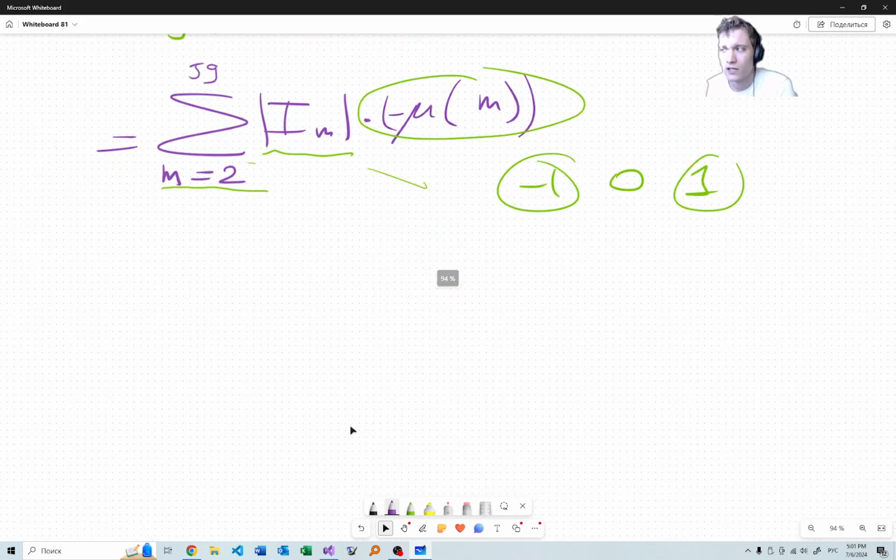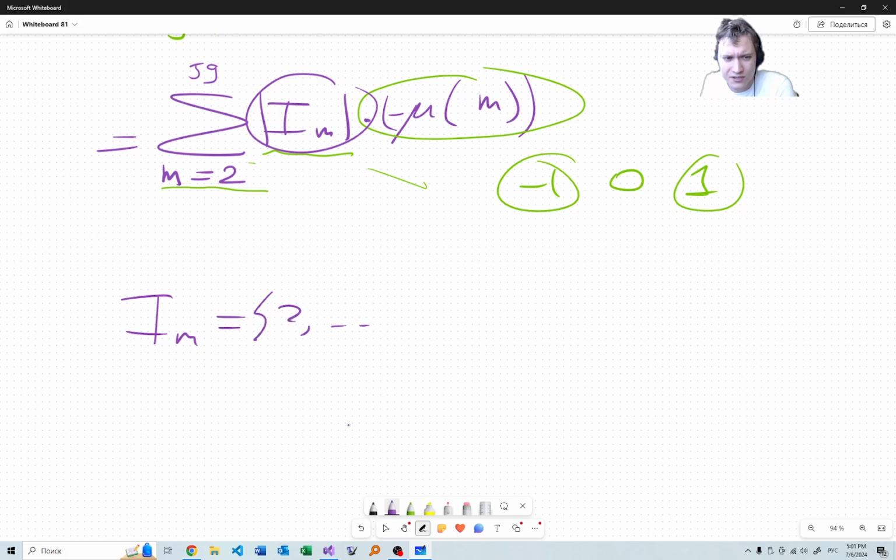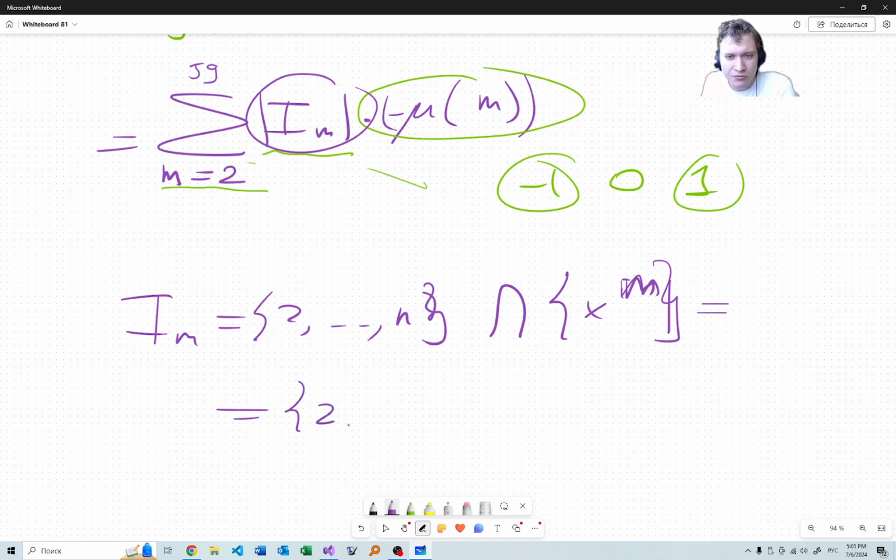Okay, how to do it? We only need to calculate Im, actually. So Im is the intersection of 2, etc., n and the set of all x to the power m's. Well, actually, this intersection is simply 2 to the power m, 3 to the power m, etc., up to some number t to the power m.